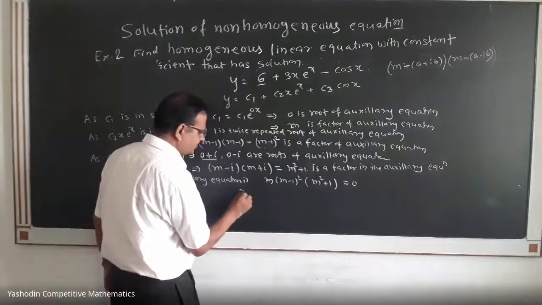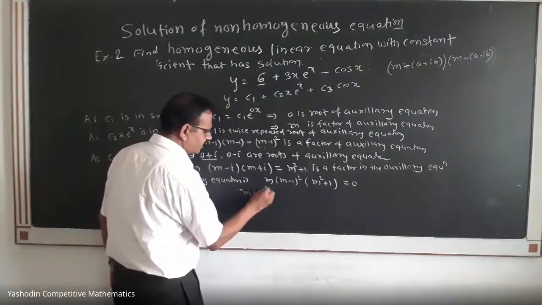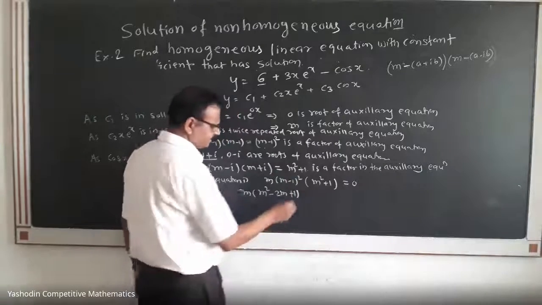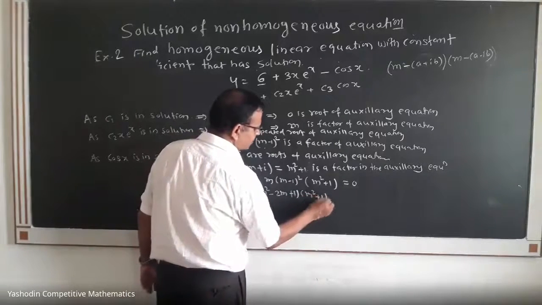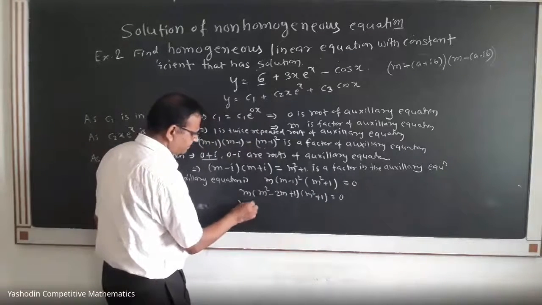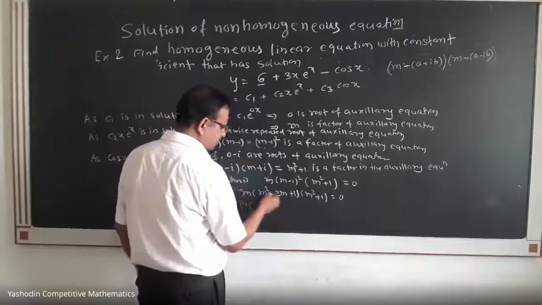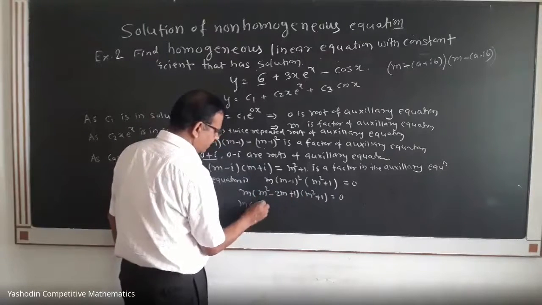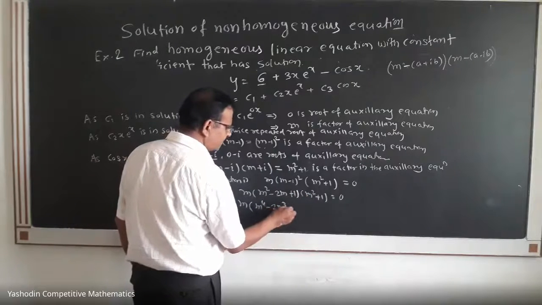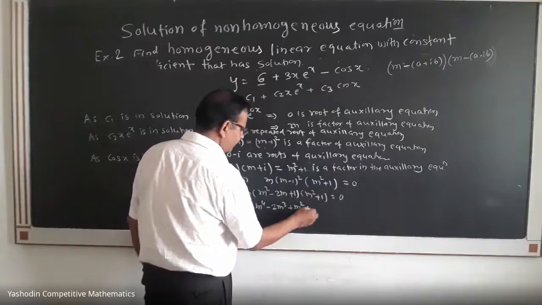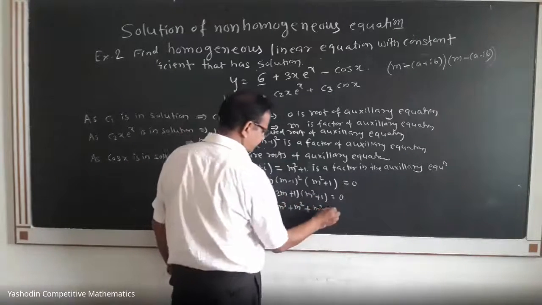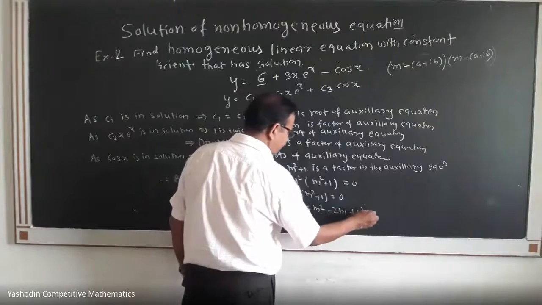This is m into (m square minus 2m plus 1), this is the square of m minus 1, and m square plus 1 equal to 0. Now, m into, I shall multiply by m square plus 1 to this term: m square into m square, m raised to 4, minus 2m cube, plus m square plus m square, minus 2m, plus 1 equal to 0.